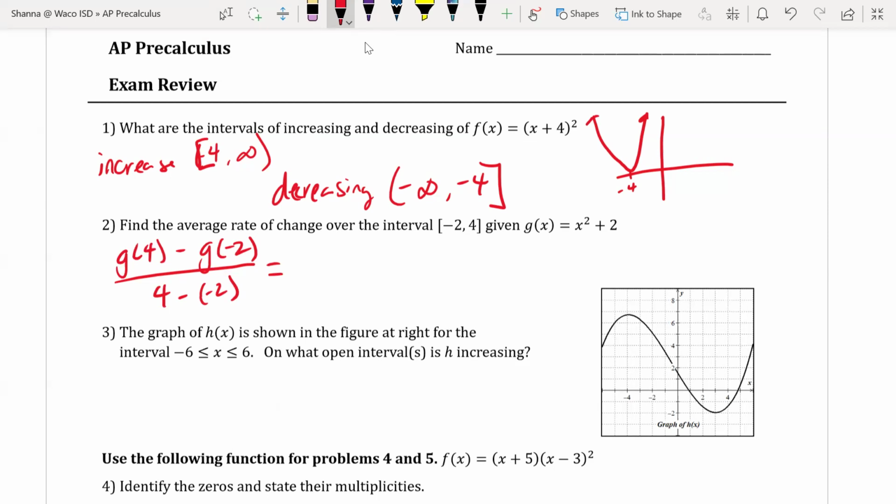G of 4: when I plug 4 into this equation, what do I get? 4 squared is 16 plus 2 is 18. When I plug -2 in this equation, what do I get? 4, and 4 plus 2 is 6. A negative times a negative is a positive, so it becomes 4 plus 2, which is 6. So 18 minus 6 gives me 12 over 6 gives me 2.